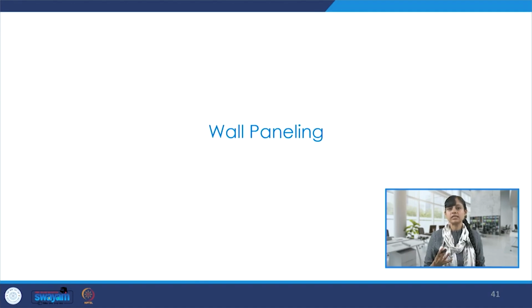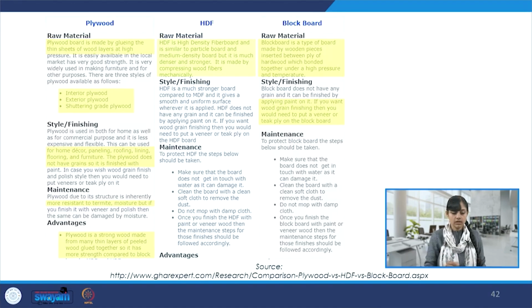Now let's see some examples of wall paneling. So the popular choices are plywood, HDF, which is high density fiber board, and block board. When we talk about plywood, it is quite popular and very extensively available in the market.